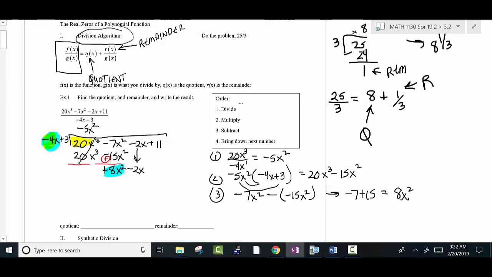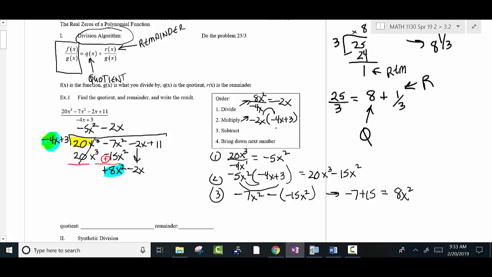You want to learn to do that in your head. So when we do that, you're doing 8x squared over negative 4x, which is negative 2x. So you record the negative 2x there. Then you do the distributive property. So now you do the negative 2x times negative 4x plus 3. Do that in your head.